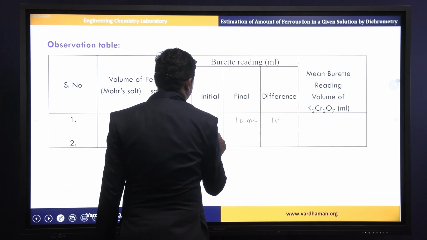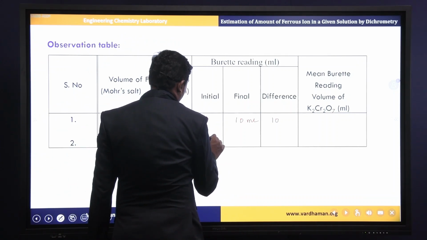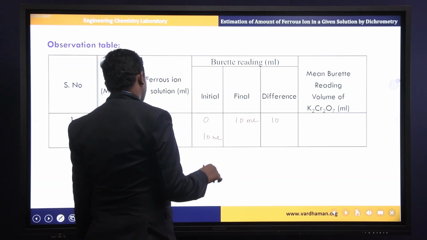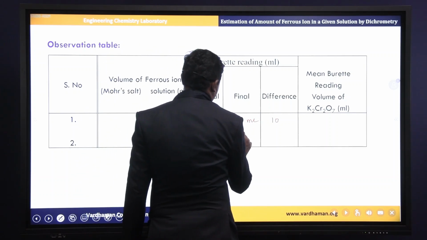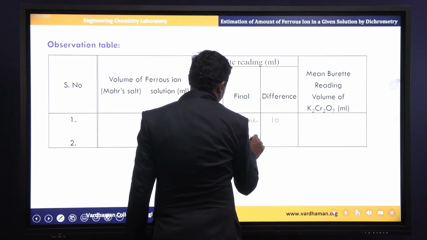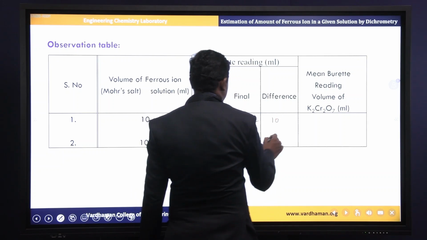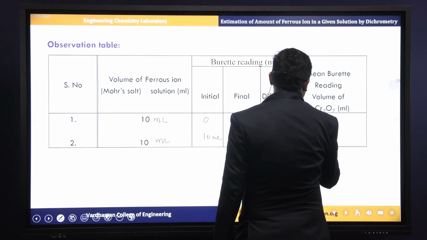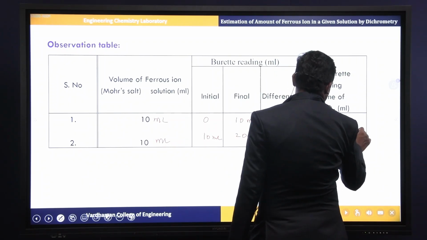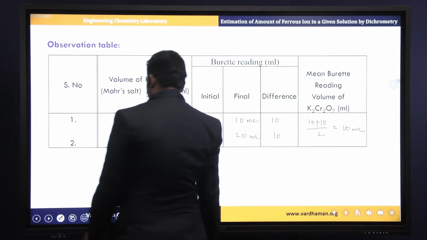Here the initial reading is 10 ml, because we are starting from 10 ml. The final reading, for example, is 20 ml. So the difference is 10 ml. The mean value, the average of the potassium dichromate burette readings, is 10 plus 10 by 2, so we get 10 ml.